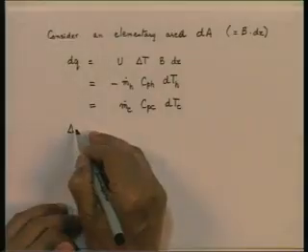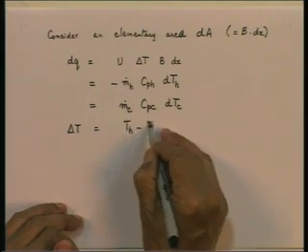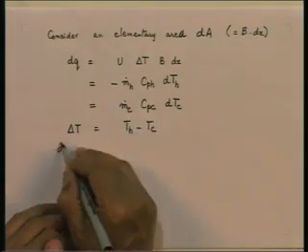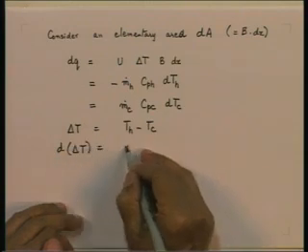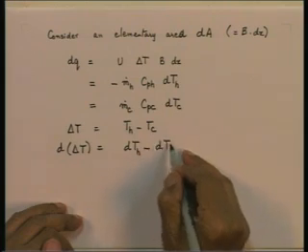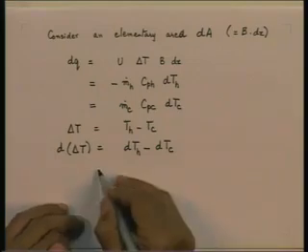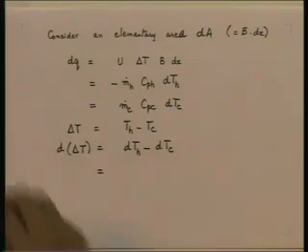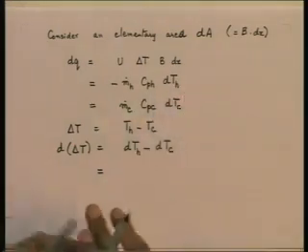Now, delta T is nothing but Th minus Tc. Therefore, d delta T, if I take a differential, is nothing but dTh minus dTc. I have an expression for dTh and an expression for dTc here.